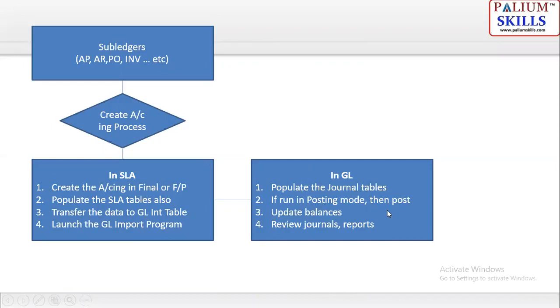It will run in posting mode. It will update the balances. It will review the journals and the reports. So once the balances are updated, we can review the journals and reports. Clear?